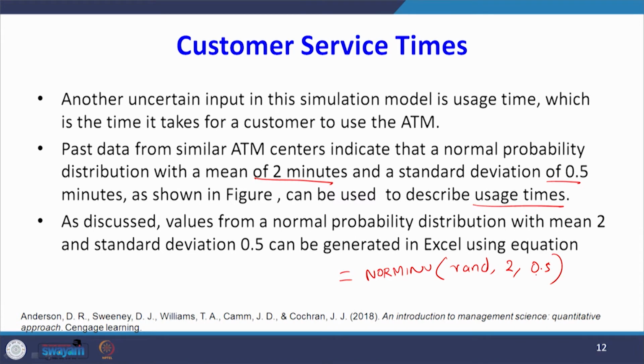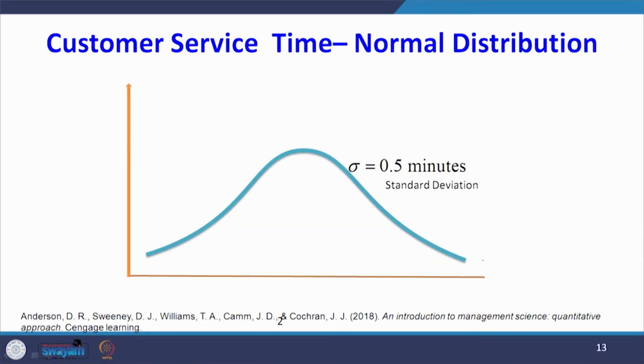Using this function we can generate a number which follows a normal distribution. Here the mean is 2 minutes and the standard deviation is 0.5 minutes. What is this? The customer service time.